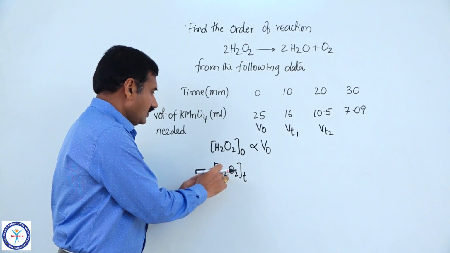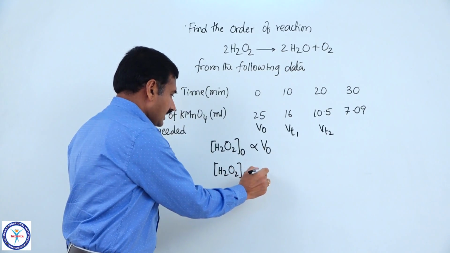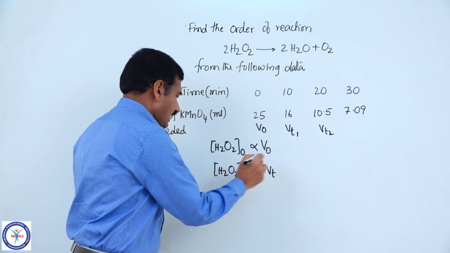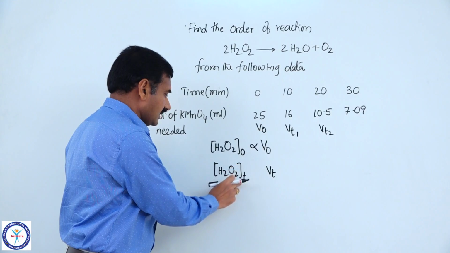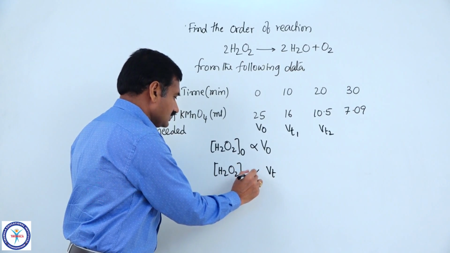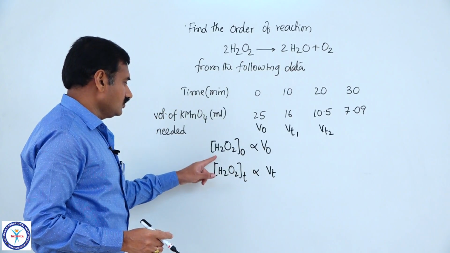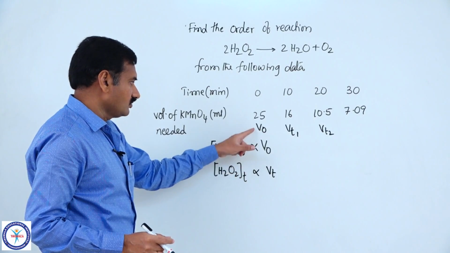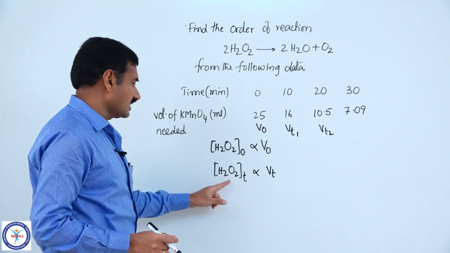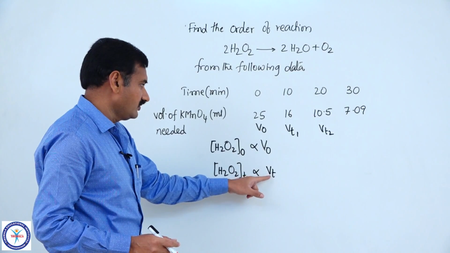So the volume of KMnO4 at time t, Vt, and the concentration of hydrogen peroxide at time t are directly related to each other. The initial H2O2 concentration is proportional to V naught and the H2O2 concentration at time t is proportional to Vt.